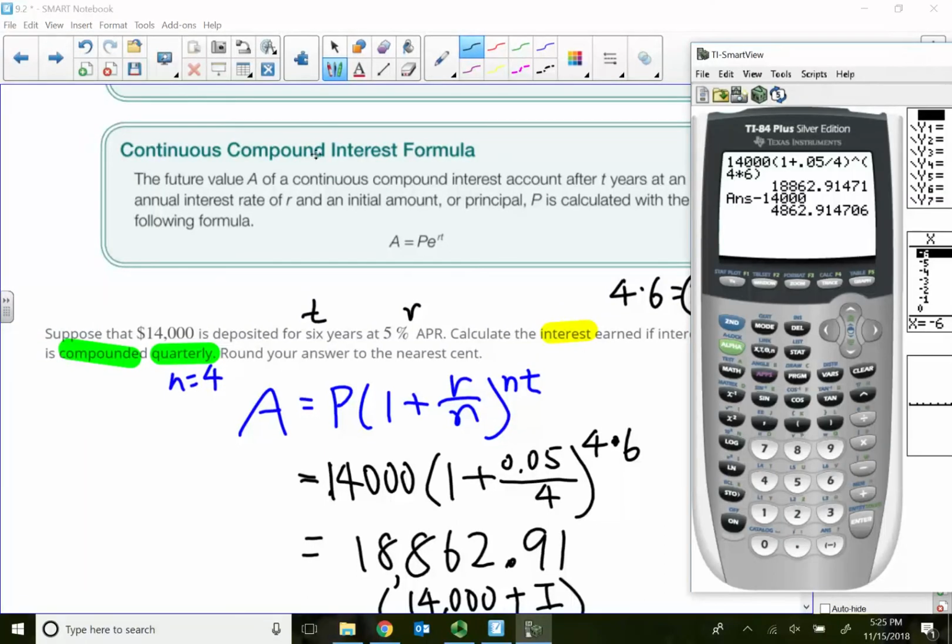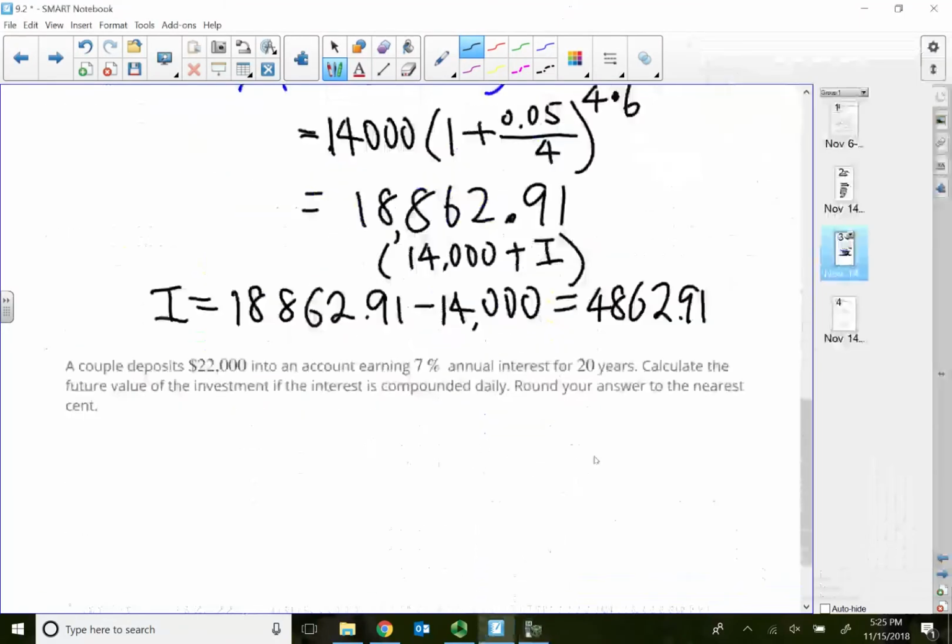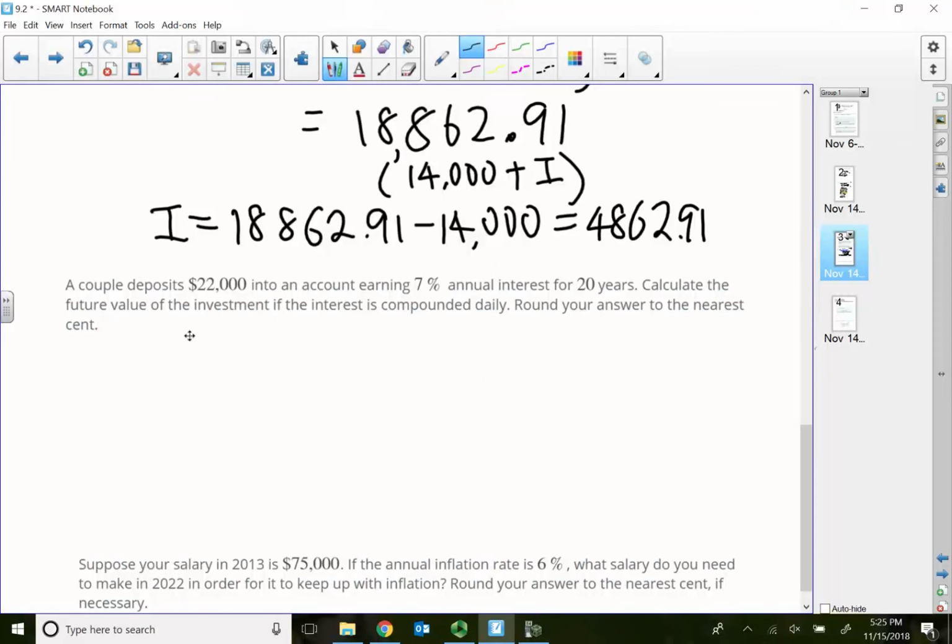If I do continuous compound interest, I put my P right there, 14,000, times the number e, second e to the x power, and I type R, 0.05, times 6. If this account is continuously compounding, I will get slightly more than compounded 4 times a year. Not a lot of money, because the interest rate R is not that high.